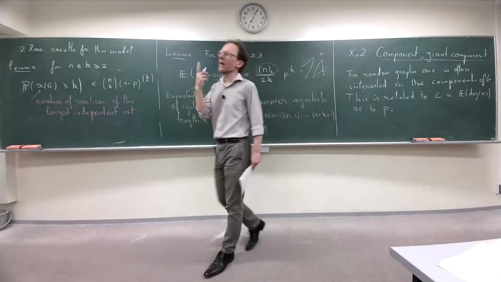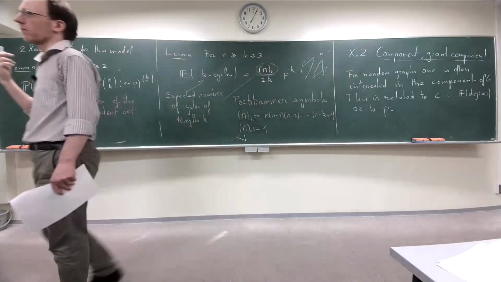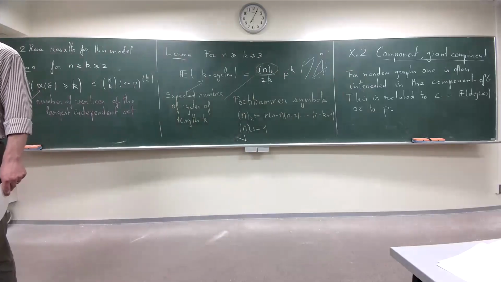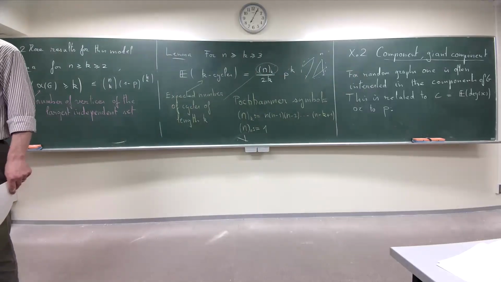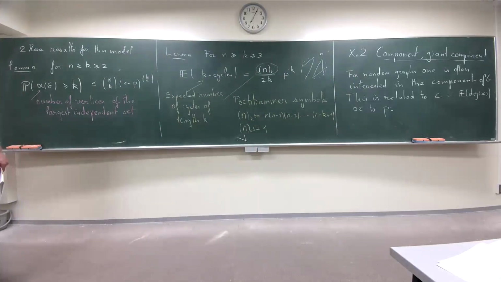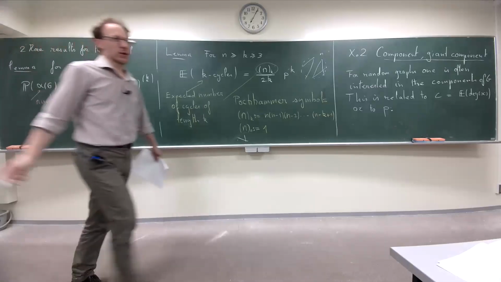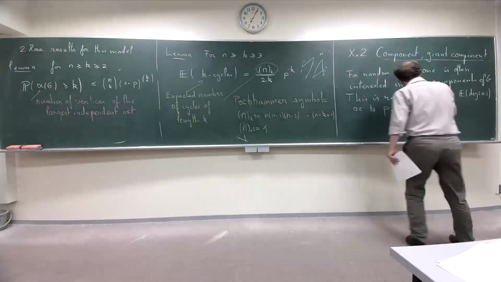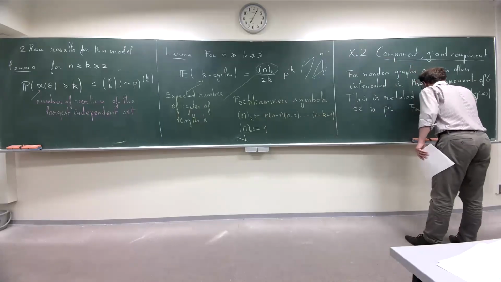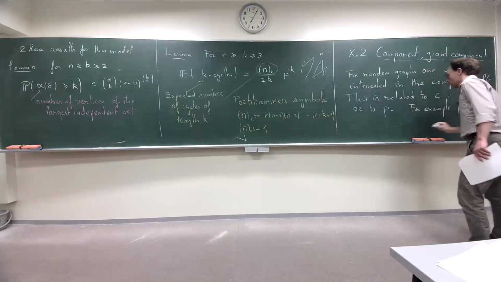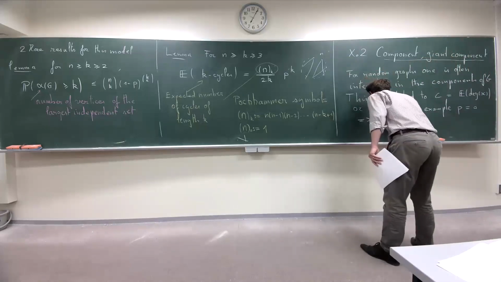Why? Because if p is 0, what happens? It's completely disconnected. Every point is one component. And if p is 1, everybody is connected. For example, p equal to 0 implies n components.